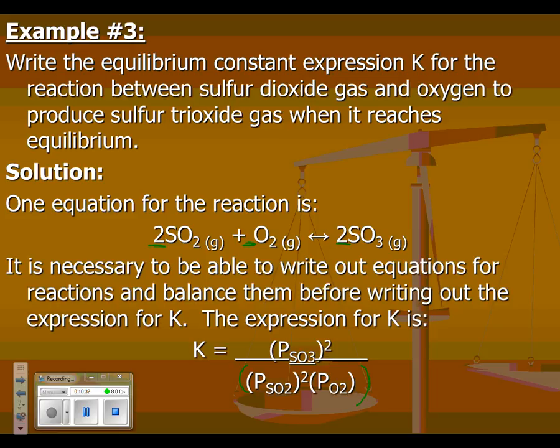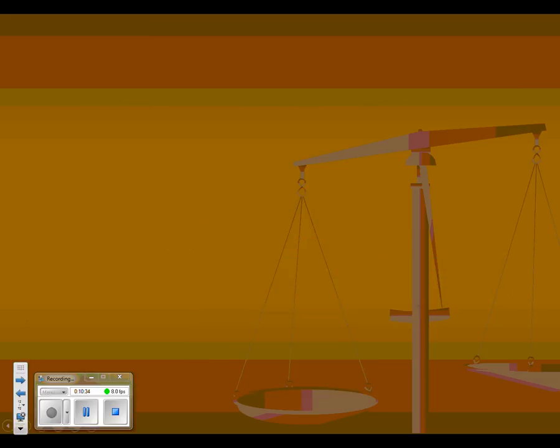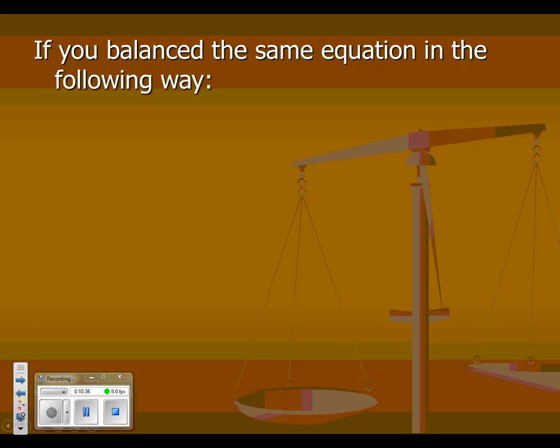Is everybody okay? You're not going to get any halves, unless it tells you, then I only want one of these, then you've got to take it down. Yes? Will it give us the pressure, or will we have to? We're going right into that. Okay, so if you balance the same equation the following way, so this is what you were asking.